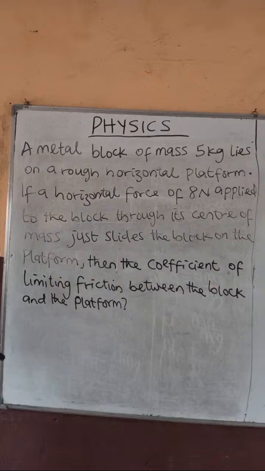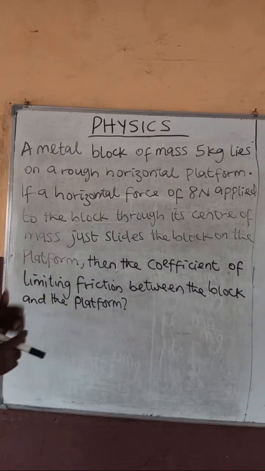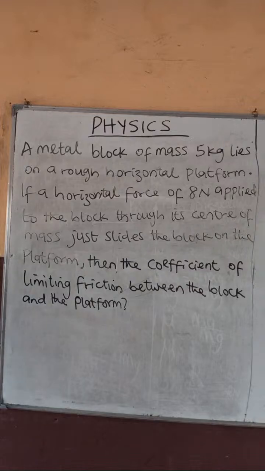A metal block of mass 5 kilograms lies on a rough horizontal platform. If a horizontal force of 8 Newton is applied to the block through its center of mass, just slide the block on the platform.